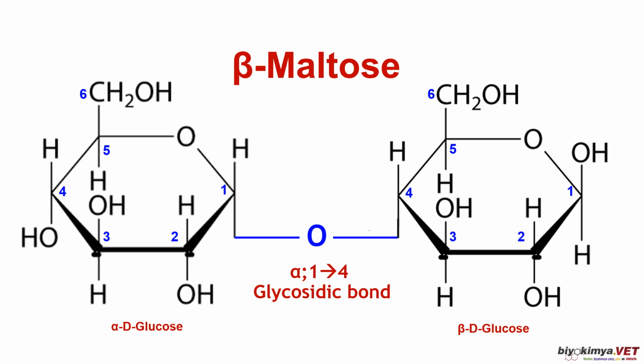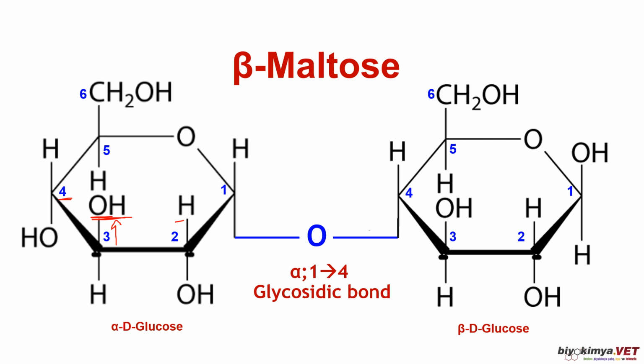And this is the Haworth projection. Again, to identify whether it is galactose, glucose, or mannose, focus on the third, fourth, and second carbons. The third carbon's hydroxyl group is at the upper part, and the rest are on the right, below.